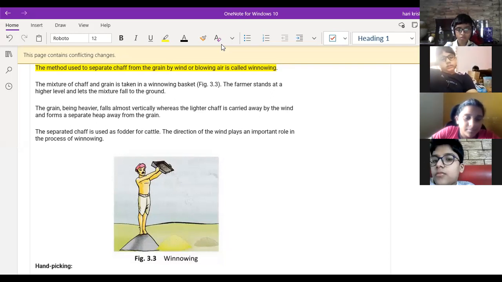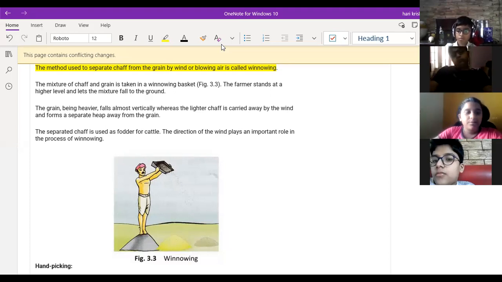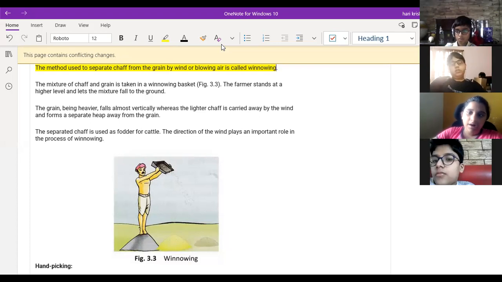Sir, another one is they will shake it. They will have a net where they pour the rice and chaff together and it will get separated, sir. I don't know what it is. Sir, we can separate this by using a sieve also.